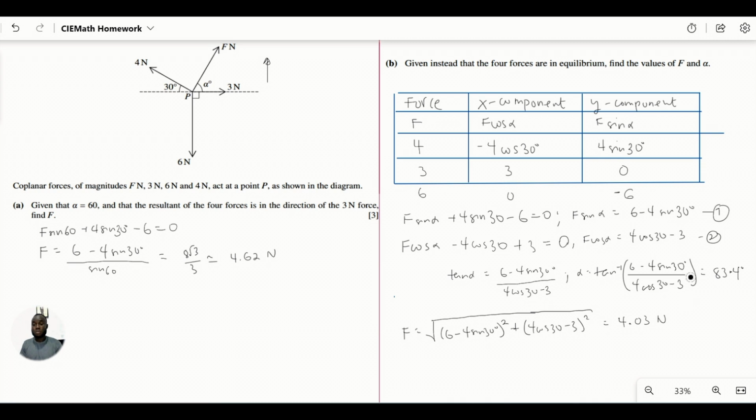So it would be ideal to square equation 1 and 2, and the sum of the left hand side will give you f squared sine squared alpha plus f squared cos squared alpha, which will lead to just f squared, and that should be equal to the square of whatever is on the other side, and that leads us to f being the square root of the sum of the squares of those two expressions, giving us 4.03 correct to three significant figures.